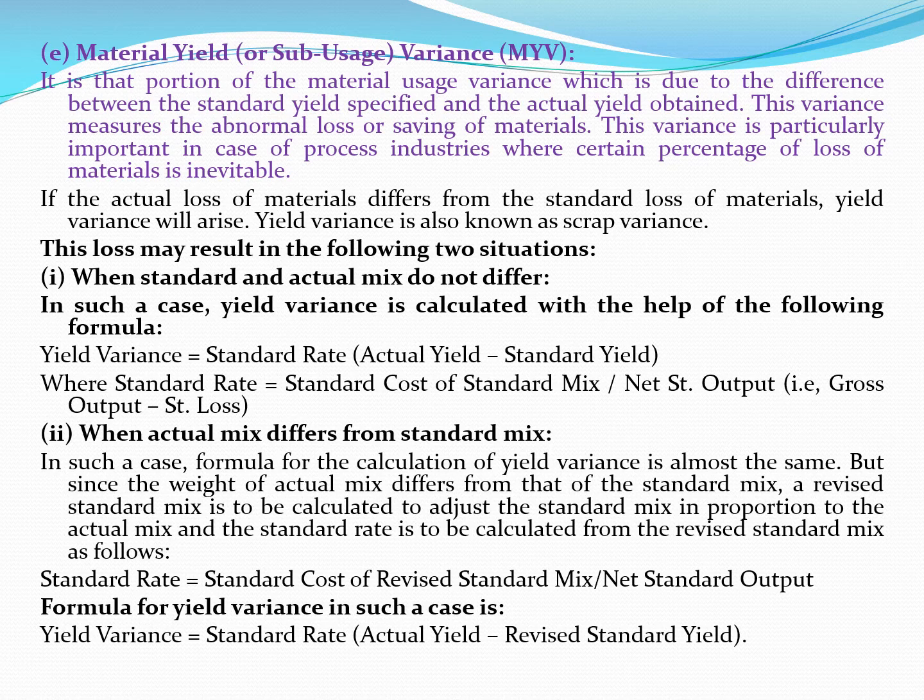Standard rate equals standard cost of revised standard mix divided by net standard output. So the formula for yield variance in such a case is yield variance equals standard rate multiplied with the difference between the actual yield and the revised standard yield.